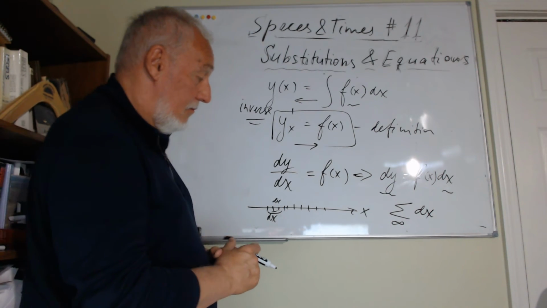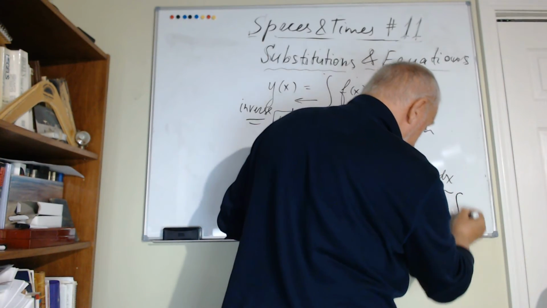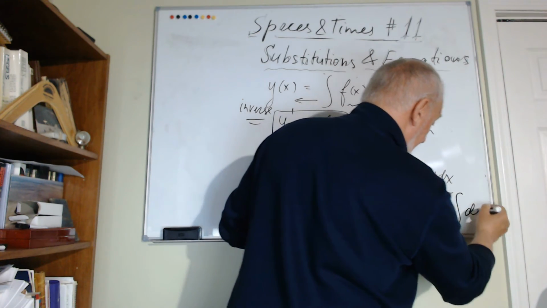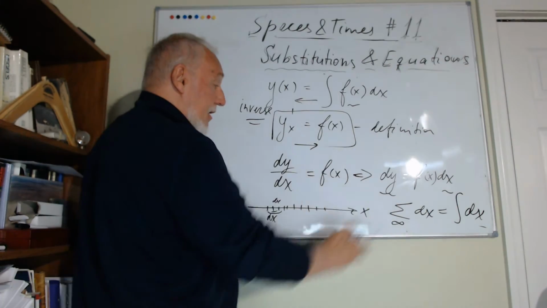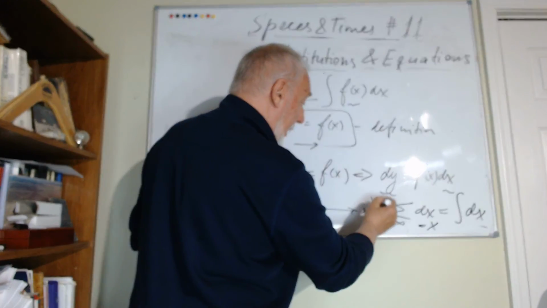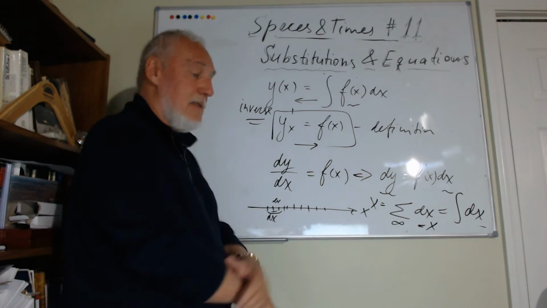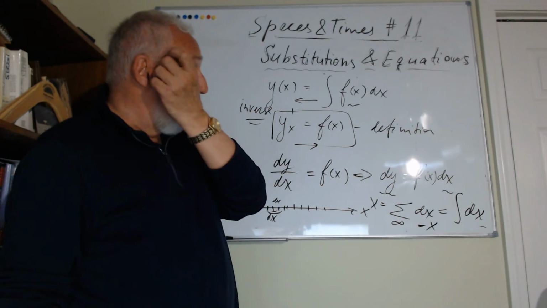And the way they denote it is this: the sum goes to this, and this is dx. And because it's the same as the whole x, it equals just x. And this is one of the formulas.